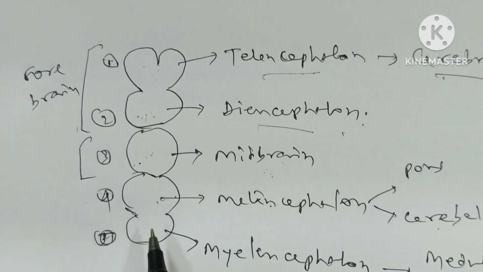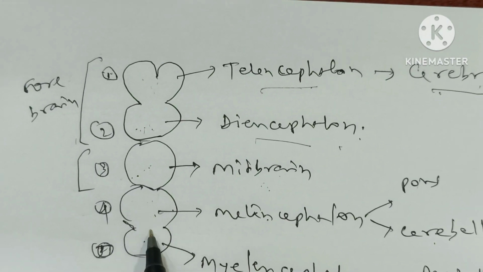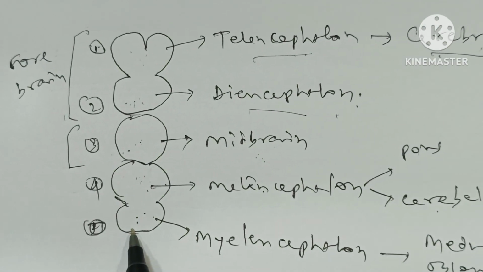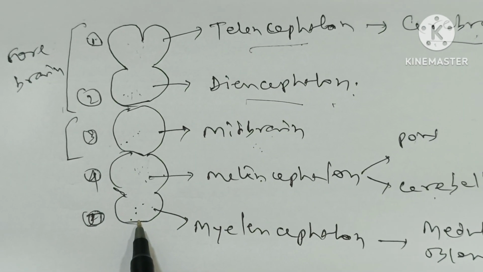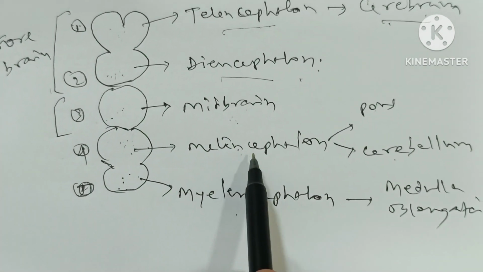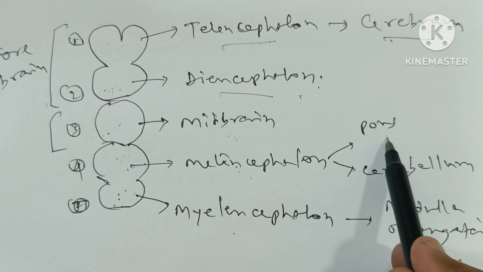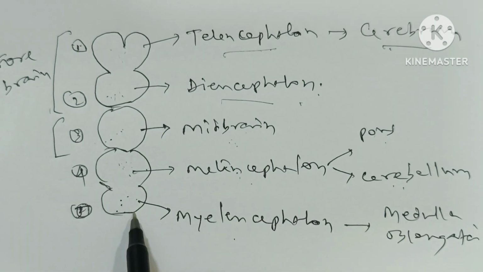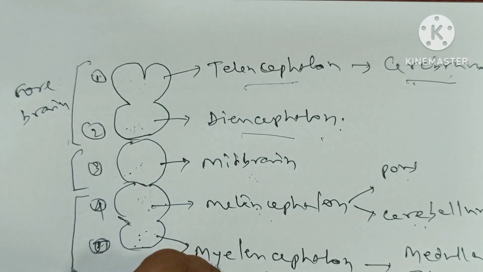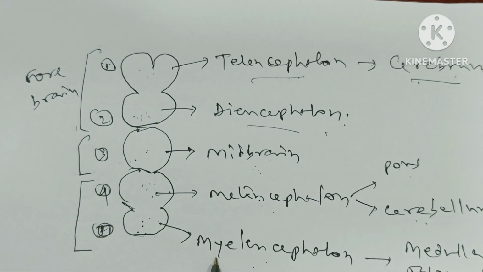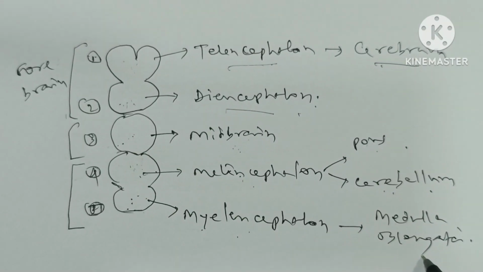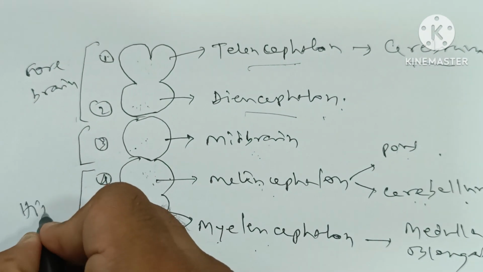And the last primary brain vesicle, the rhombencephalon, gets divided into 2 secondary brain vesicles. What are those 2? One is the metencephalon, another is the myelencephalon. The metencephalon will further develop into the pons and cerebellum, and the myelencephalon will develop into the medulla oblongata. So these 2 secondary brain vesicles comprise the hindbrain.